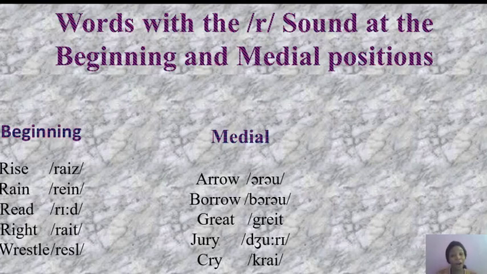You'd say far away. But if you're not linking it to any other word, the R is silent. That is why there is no list of words here that end with the R sound.